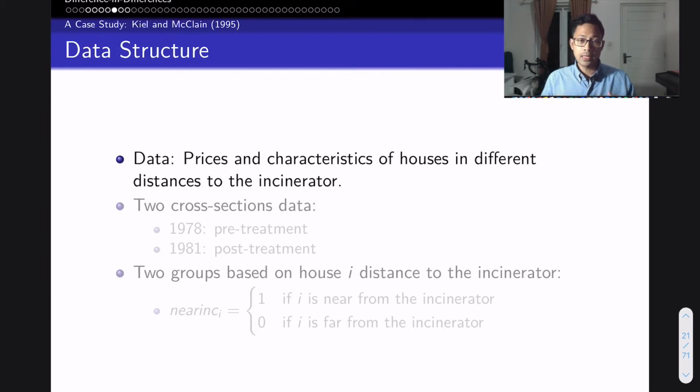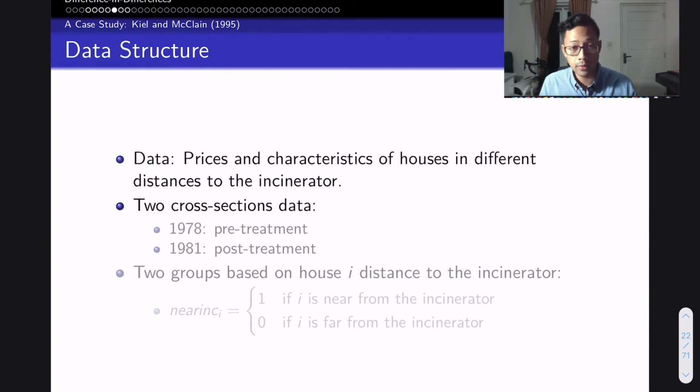The idea is that we want data on houses and their characteristics, on houses that are relatively close to the garbage incinerator and houses that are quite far away from the incinerator. And then we'll also want at least 2 periods.